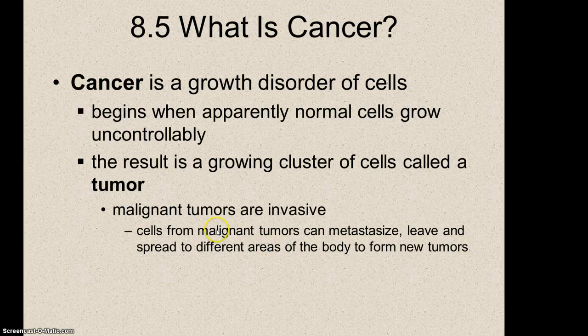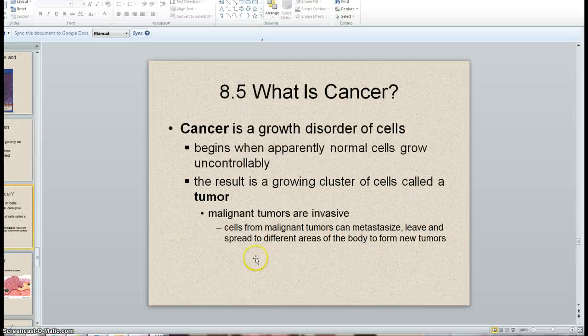So we try to control this from using surgery or using different chemicals that stop or inhibit cell reproduction. But the treatments are difficult sometimes. If we catch it early, of course, it's easier to treat.